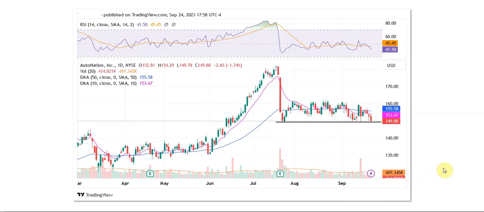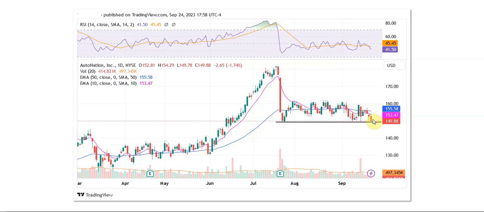Next, AutoNation, AN. I'm showing it's been holding on to support here for about 2 months, let's say, trading sideways, about $10 to $12. We are on support right now at around the $150, $149 level, plus or minus.